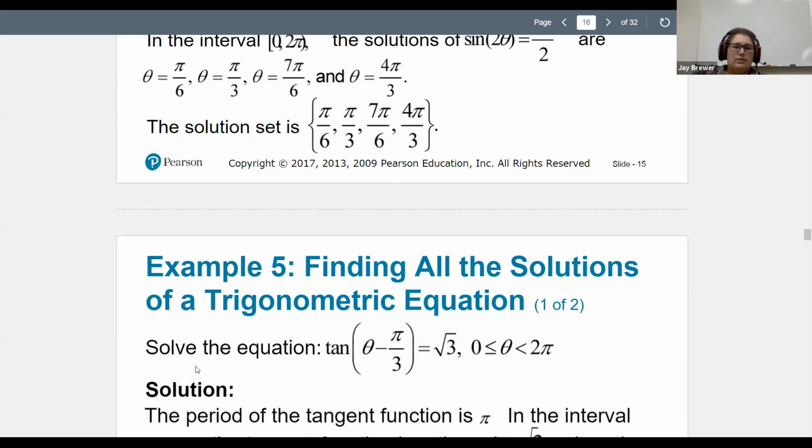All right, so this one says solve the equation tangent of theta minus pi over 3 equals radical 3 between 0 and 2 pi.